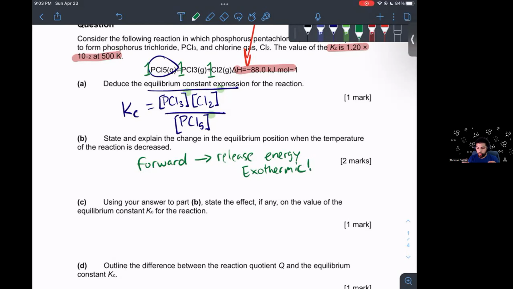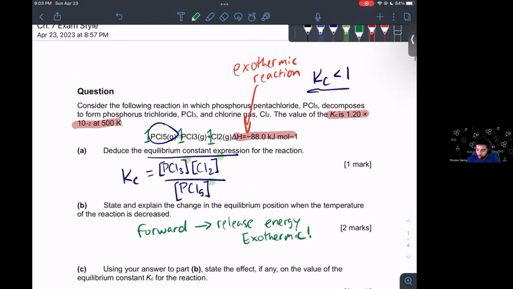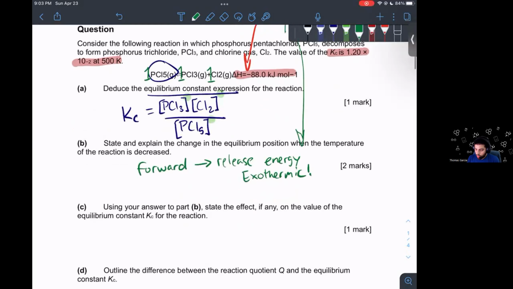That's really important. That's what we have right here. We have an exothermic reaction, and when we move forward, it's going to be exothermic. So when temperature decreases, this equation will want to add temperature.